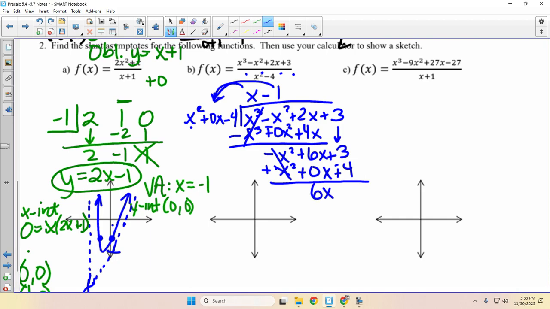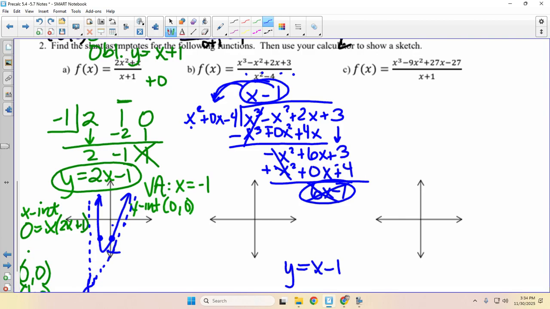And 3 minus 4 is negative 1. And then we ignore the remainder and we just take the guy on the top. So our slant asymptote is y equals x minus 1.